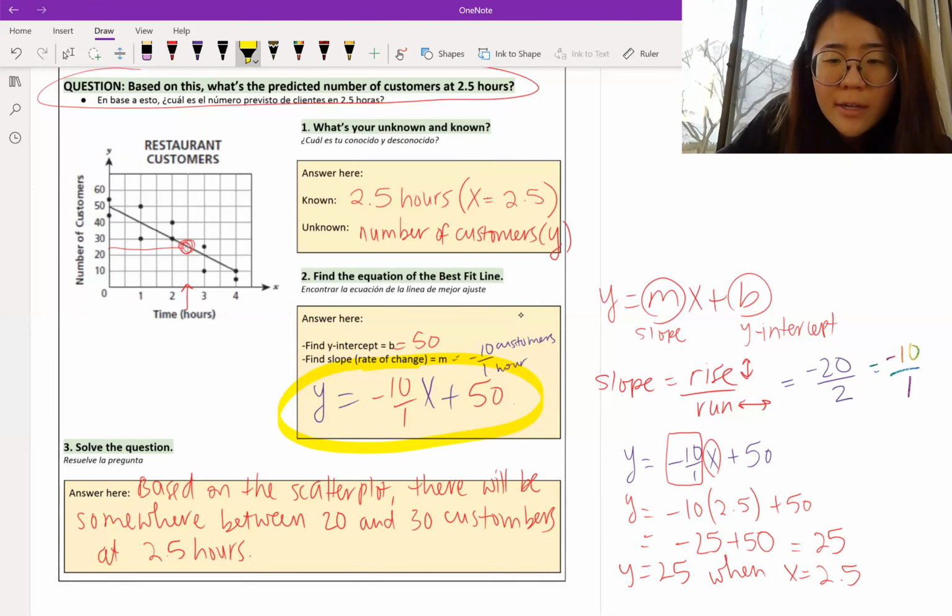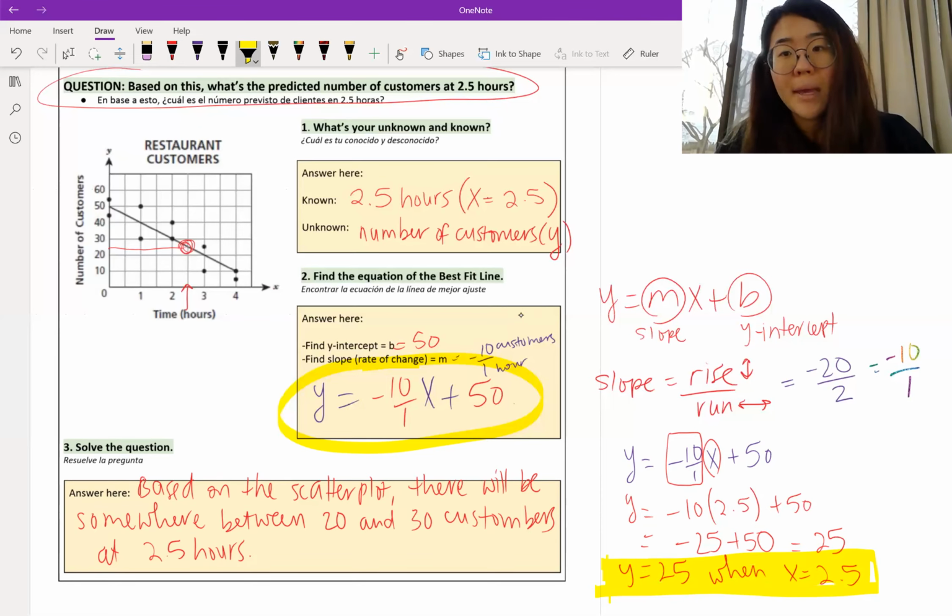Which makes sense, right? I'm saying y is our customers, so at 2.5 hours, we have 25 customers based on our best fit line. That makes sense because in our other answer, based on the scatter plot, there will be somewhere between 20 and 30, and 25 is between 20 and 30 customers, right?